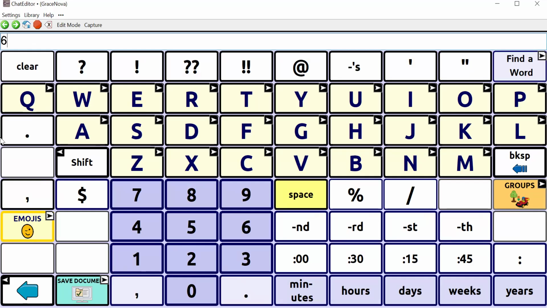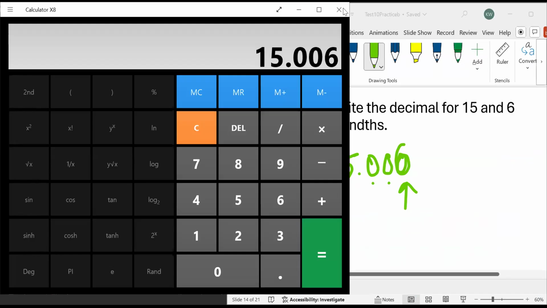What? Why did that clear? Let me try that again. 15.006. Oh my goodness, I don't know why I didn't do that correctly. Anyway, okay, so 15.006.